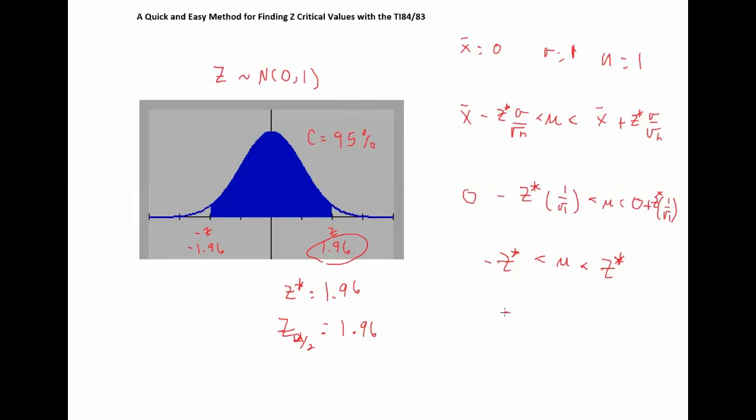And so you get this interval of negative z star to z star. For the critical value, we want the absolute value, so that's going to be that number. So when we ran it for 95%, we got negative 1.96 to 1.96.